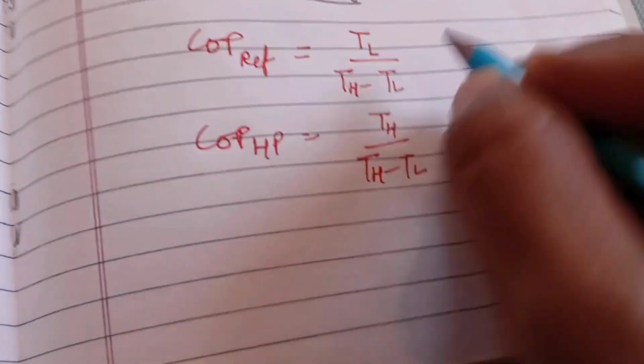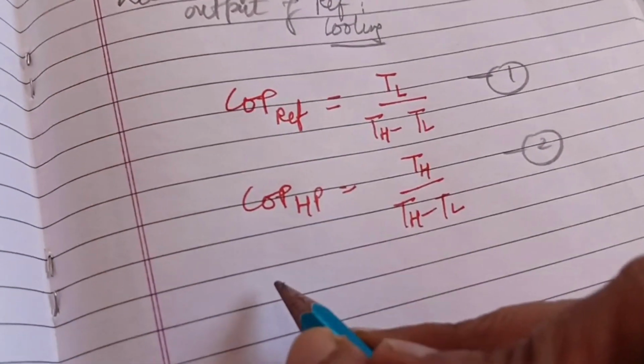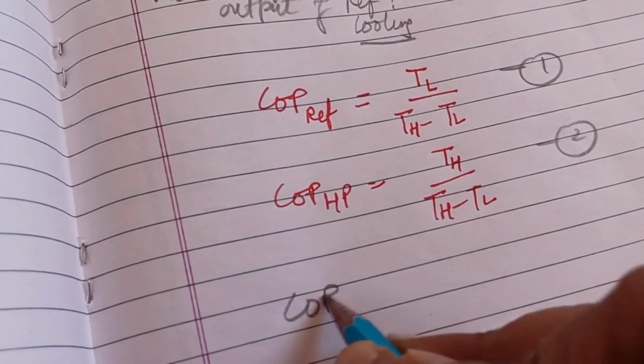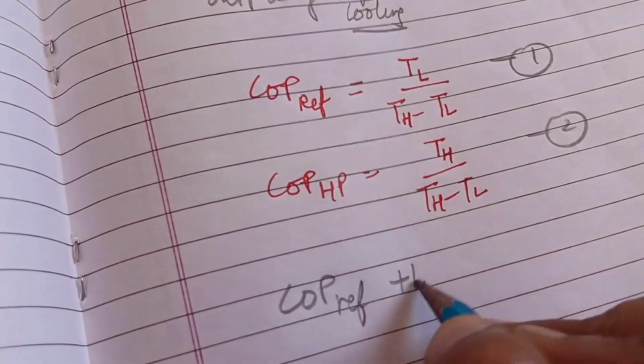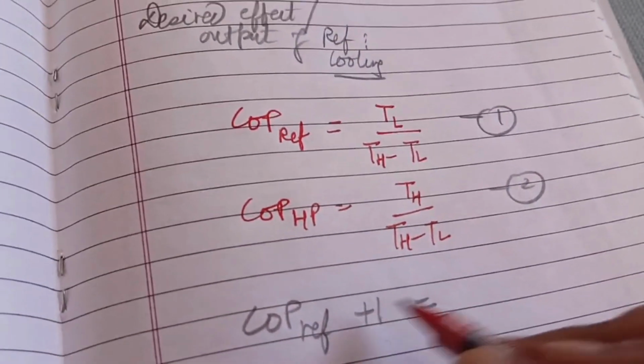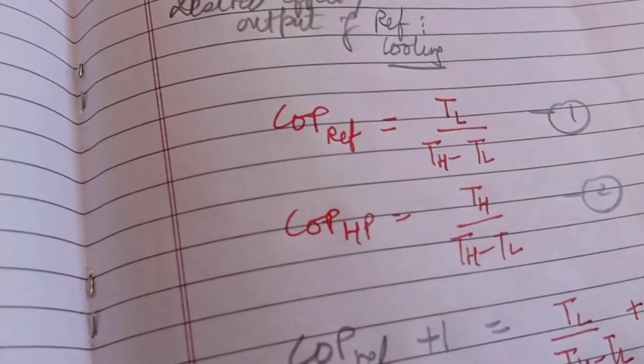So we have just written the two COPs. This is 1 and this is 2. If we add plus 1 to COP of refrigerator, what are you going to get? COP of refrigerator is TL upon TH minus TL, plus 1.